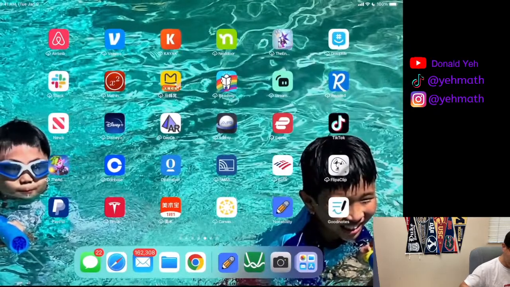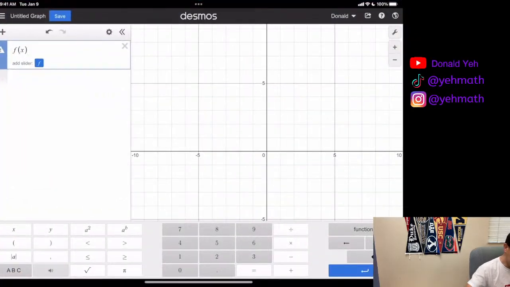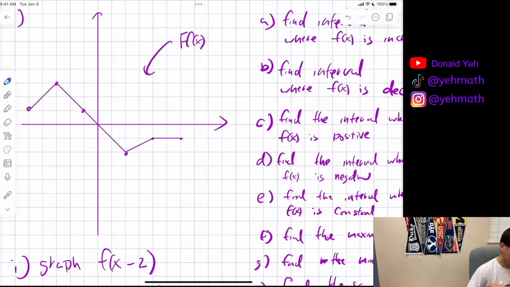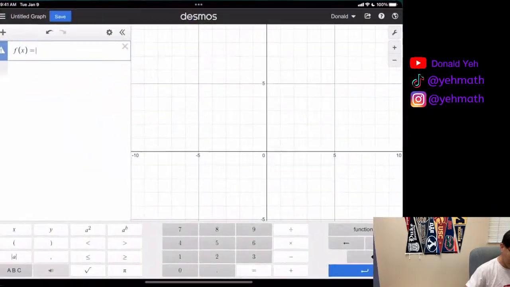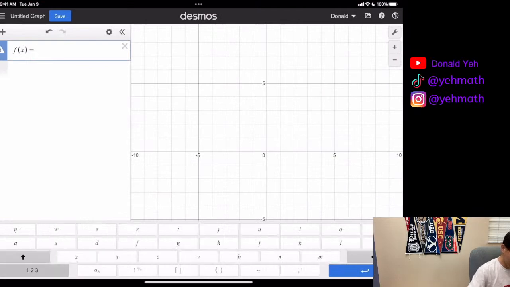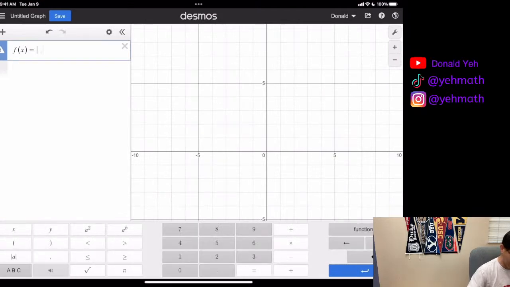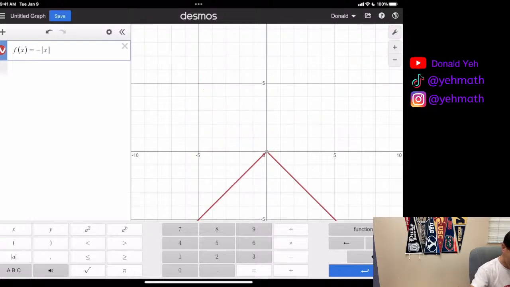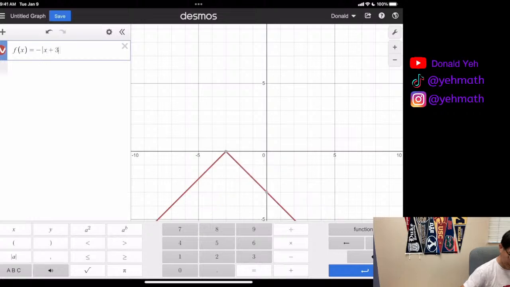So f of x equal to, what's the vertex of this one at? It's at -3, +3. So I'm going to use an absolute value function instead, and we're going to go over how to do that. The absolute value function is going to be minus, and then +3 and +3, like this.